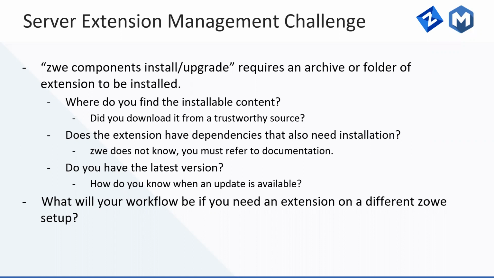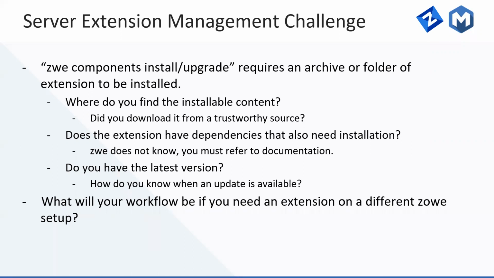And wherever you found it, was it from a trustworthy source? How do you prove this? If you're using FTP, there's not necessarily a paper trail of how it got there. So how do you know that this is software that you should be installing?